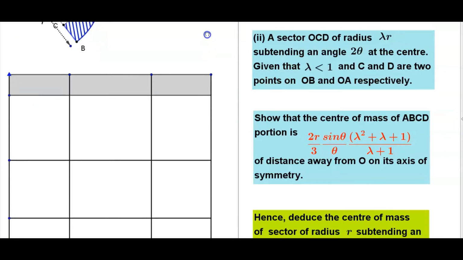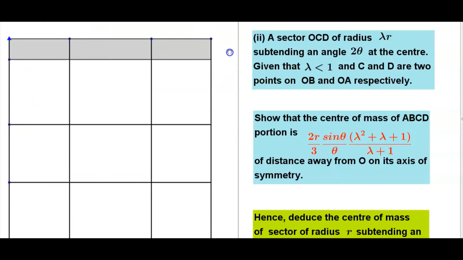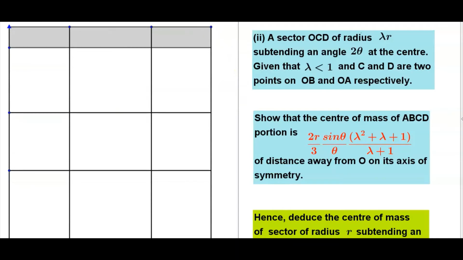We create a chart: object, the mass, and the distance of center of mass from point O. The first one is the big sector, angle 2 theta, radius r. The surface density is sigma, therefore mass is area into sigma.